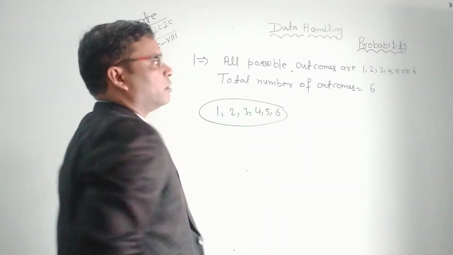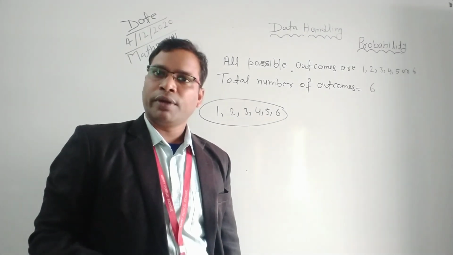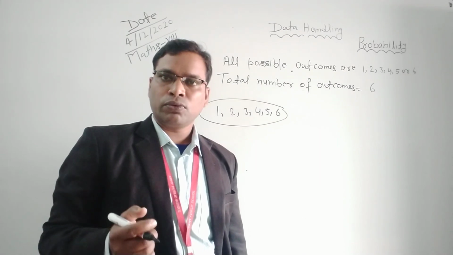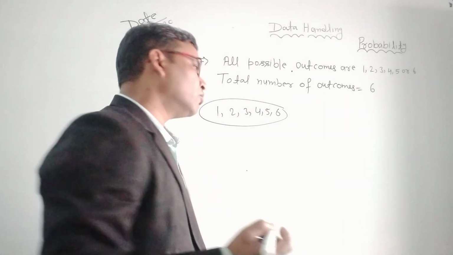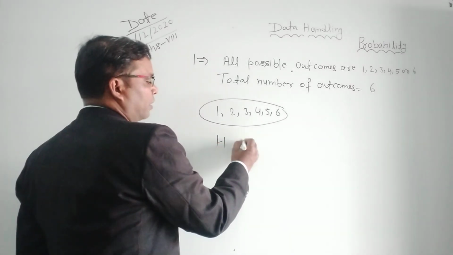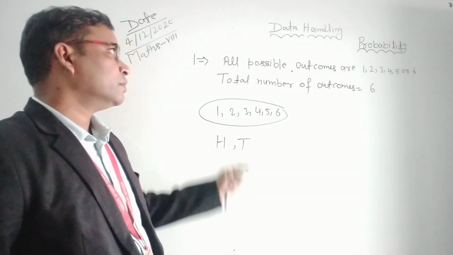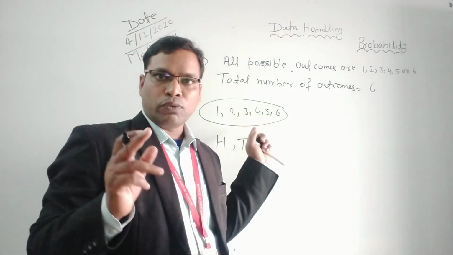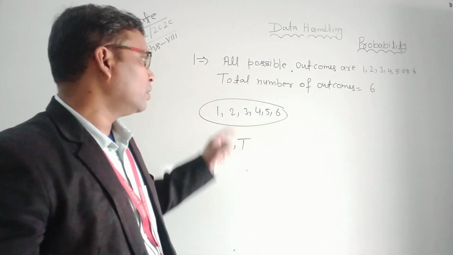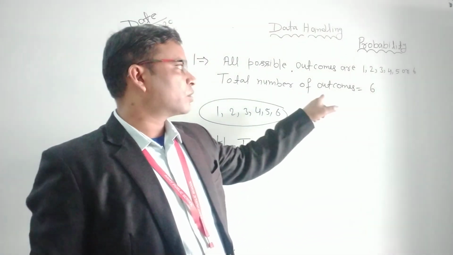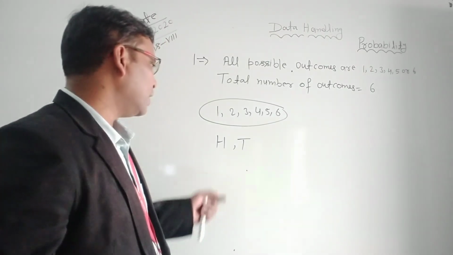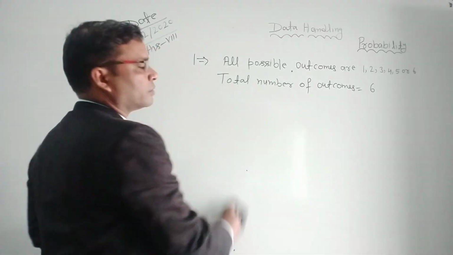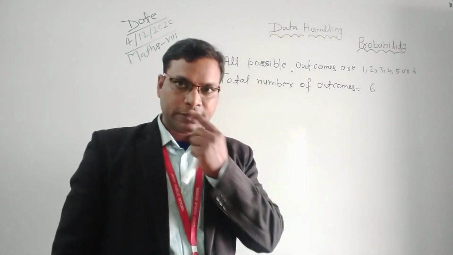And when you throw a coin, all possible outcomes are head or tail. These are all possible outcomes when you throw one dice. Clear? So the total number of outcomes is 6. So the first question arises here.